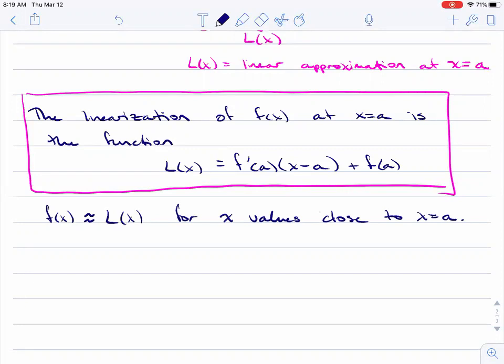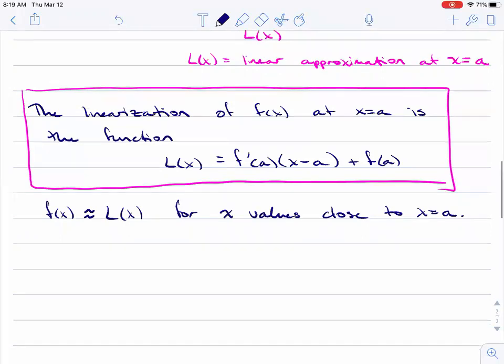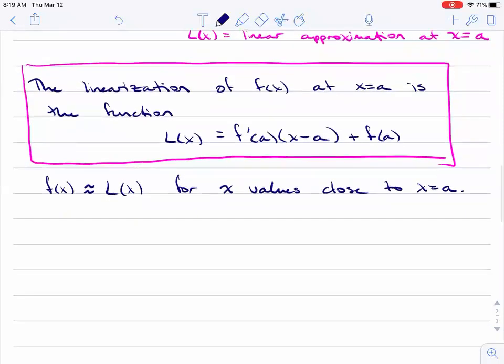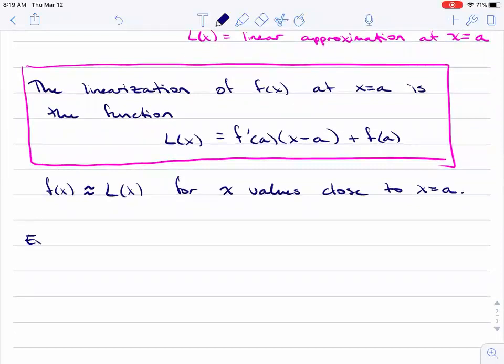And that's the whole idea of what we're going to be doing today, where the only thing that's new is just finding this linearization or the linear approximation and then evaluating for numbers around that value. So let's do an example.